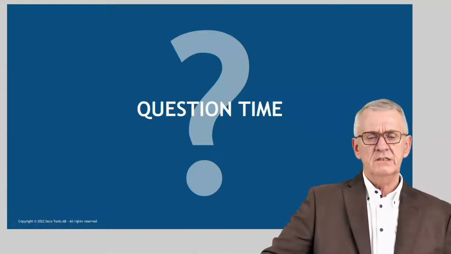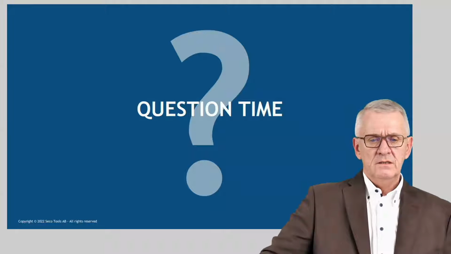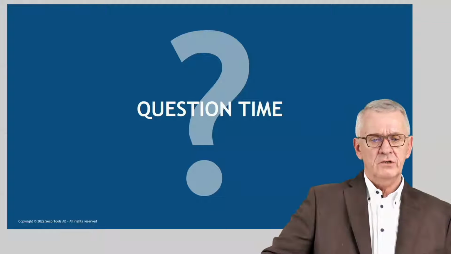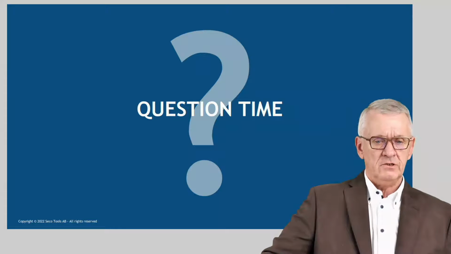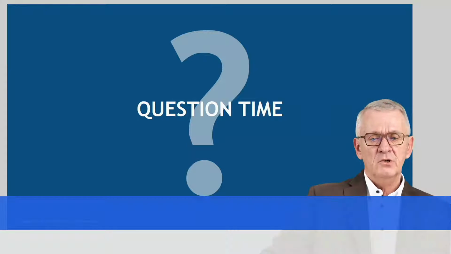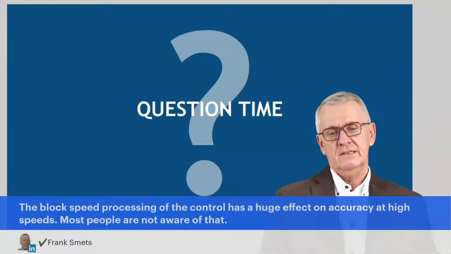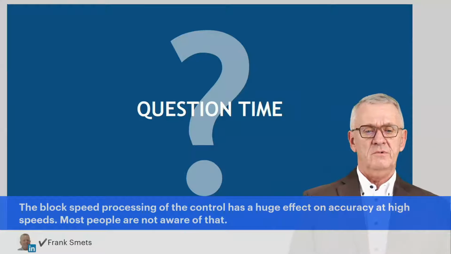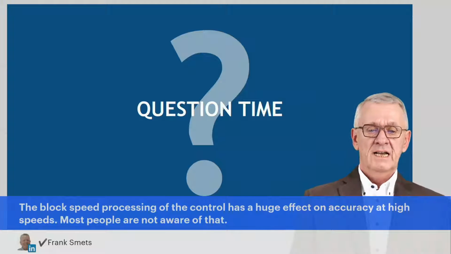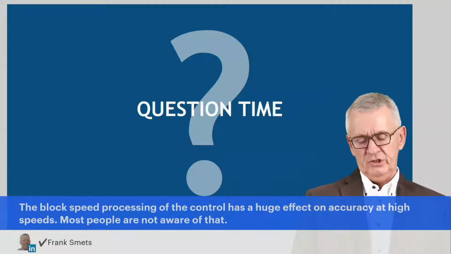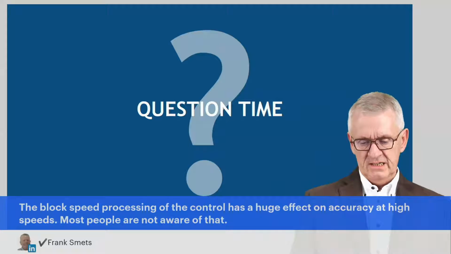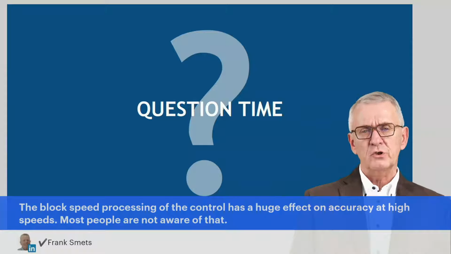And next question. The block speed processing of the control has a huge effect on accuracy at high speeds. A very correct statement from Frank. Most people are not aware of that. I also agree with that statement. Frank, we are on the same line, on the same level here. As I said, the machine tool you use indeed can give you possibilities, but also gives you constraints.